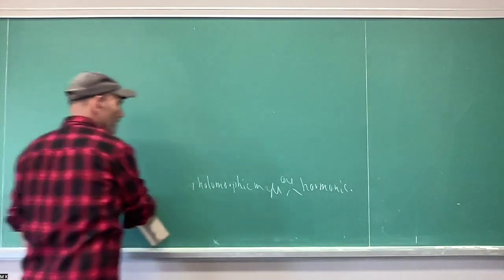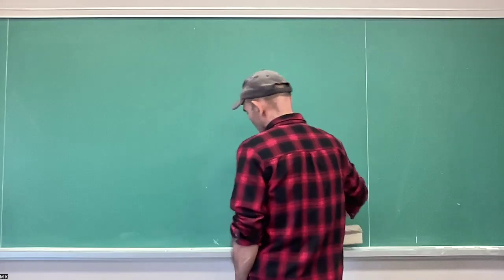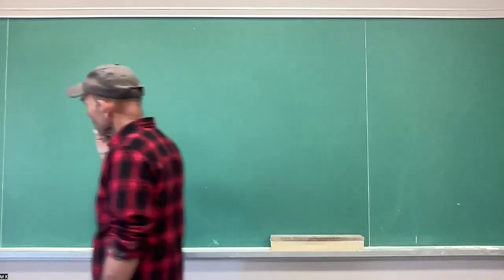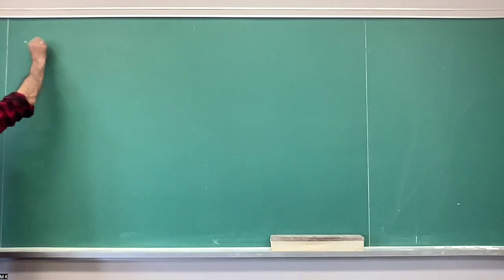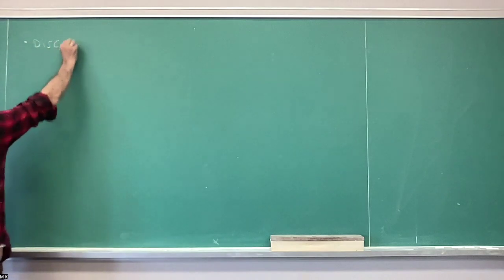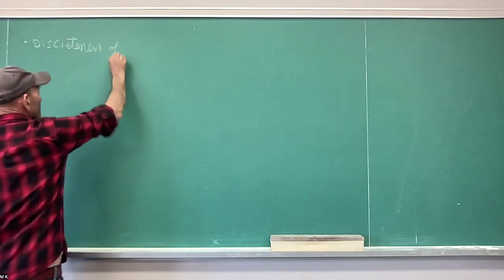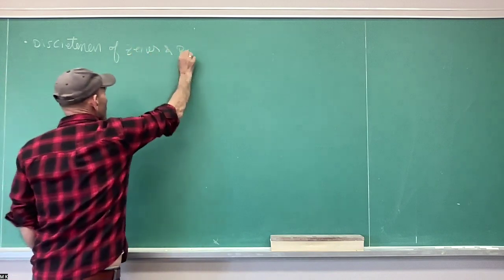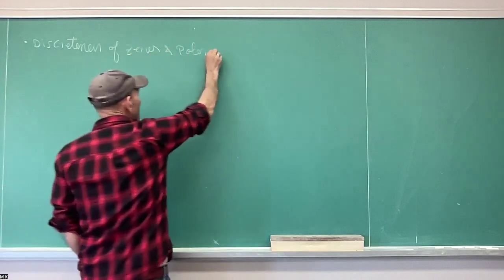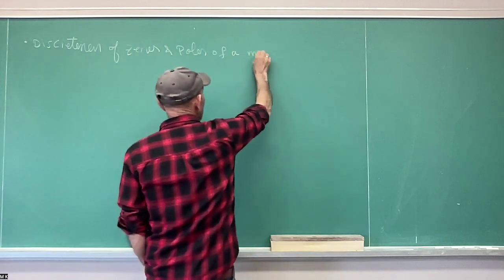So one is discreteness of zeros and poles of a meromorphic function.